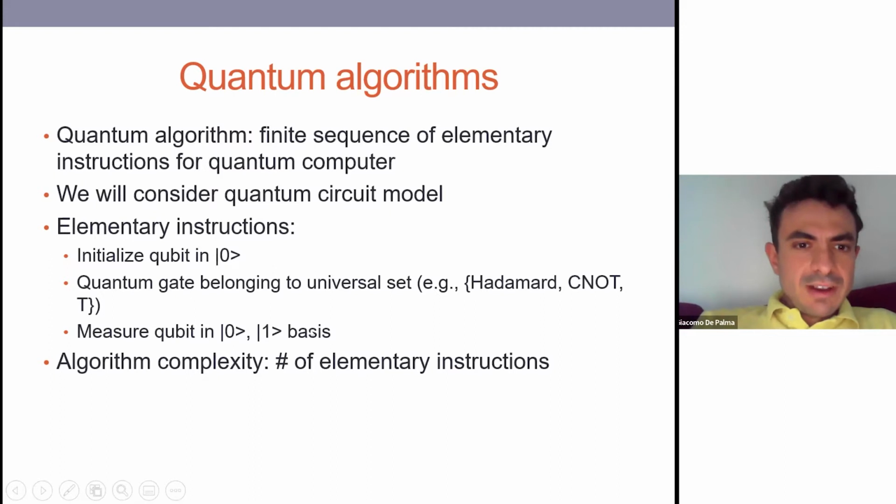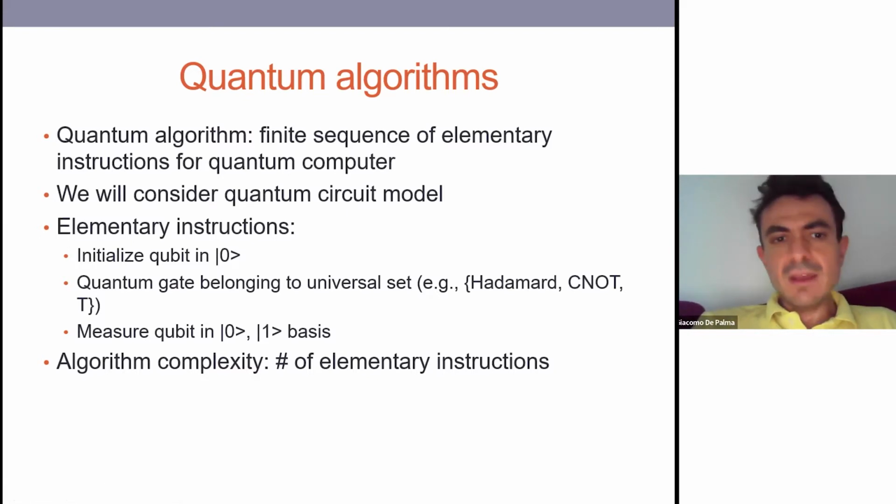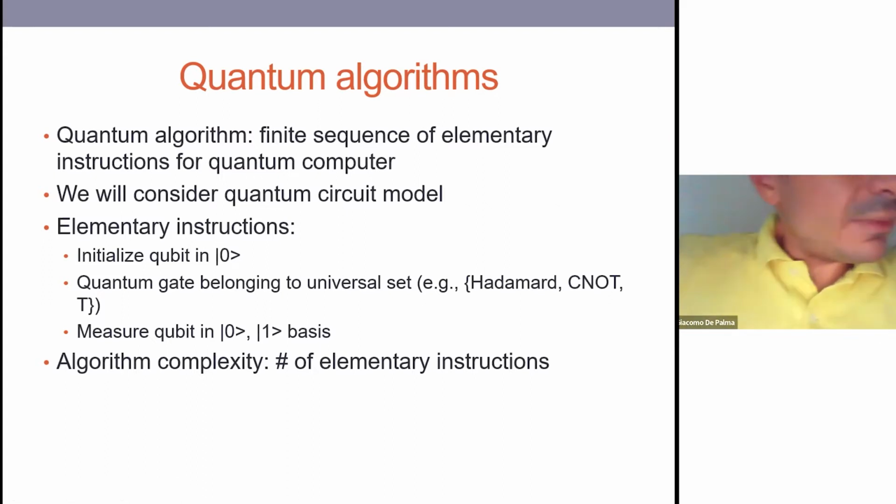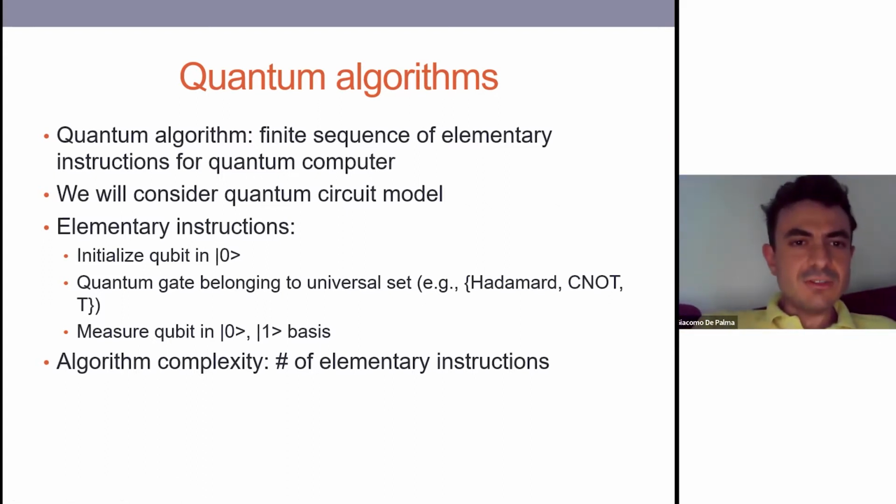Of course, since in the end you need to get a result out of your quantum computation, you assume that you can measure a qubit: you can select a qubit and measure it in the computational basis, that is the 0-1 basis. Then the complexity of a quantum algorithm is the number of elementary instructions that are needed when you run the algorithm.